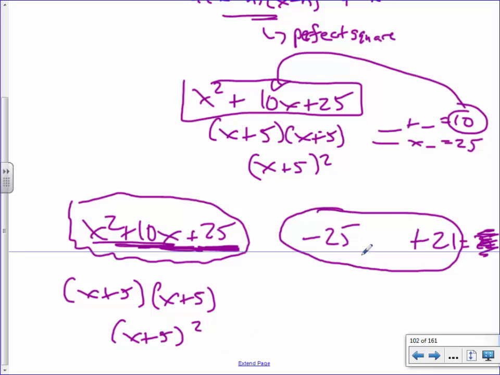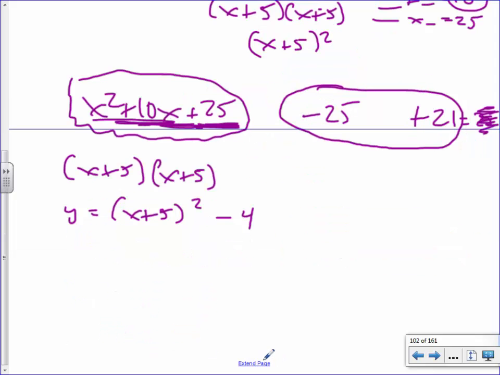The remaining number is whatever these two things become, which is minus 4. And this is now that exact same equation, but written in vertex form. So my vertex would be at -5 and -4. Where's the a then? The a is just a 1 sitting out front the whole time.